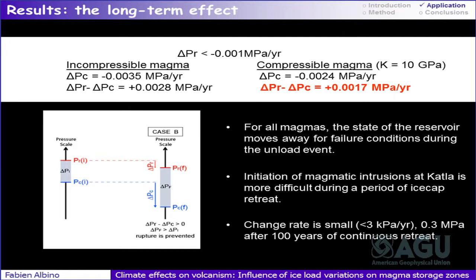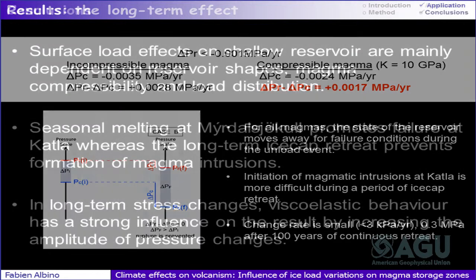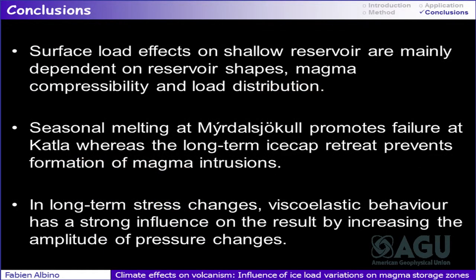So just some conclusions I obtained during my PhD. The surface load has an effect on shallow reservoir. It depends also on the shape of the magma reservoir and the load distribution at the surface. In the case of Katla in South Iceland, the seasonal melting at Mýrdalsjökull promotes the failure.